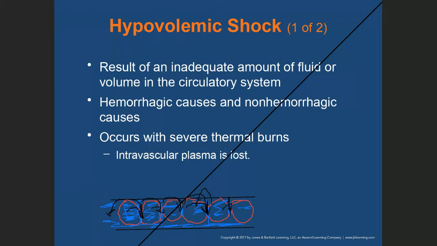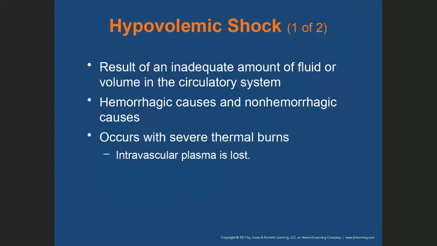So as the fluid starts to shift out, the cell is going to shrink in size and become dehydrated. That's dehydration or apoptosis, right? So the cell is going to shrink. So the patient can develop dehydration with the hypovolemic shock. And that's going to be for plasma loss via excessive vomiting and diarrhea.